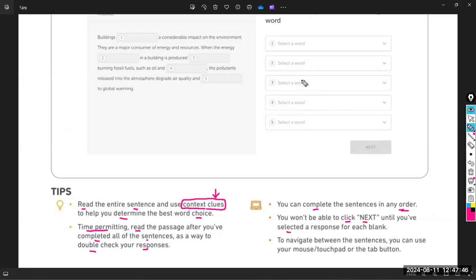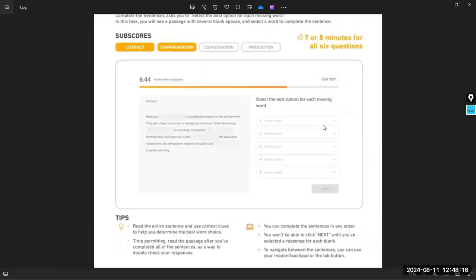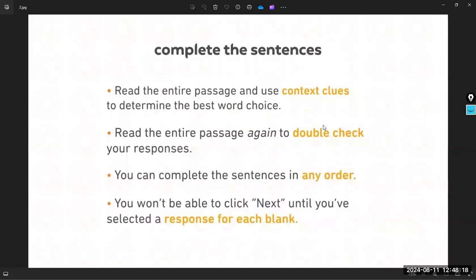So when you select all the words, this button is going to turn orange. And to navigate between the sentences, you can use your mouse or touchpad or the tab button. So these are the tips that I have to remember just to be able to solve this module correctly.